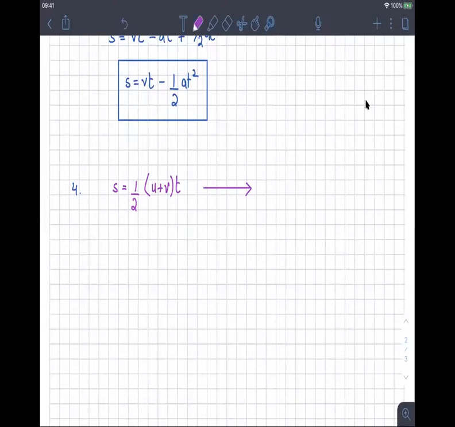So from this, we wish to go to this equation. V squared is equal to u squared plus 2as. Now over here, we have s, u, v, and t. And the equation that you want to get to has s, u, v, and a.